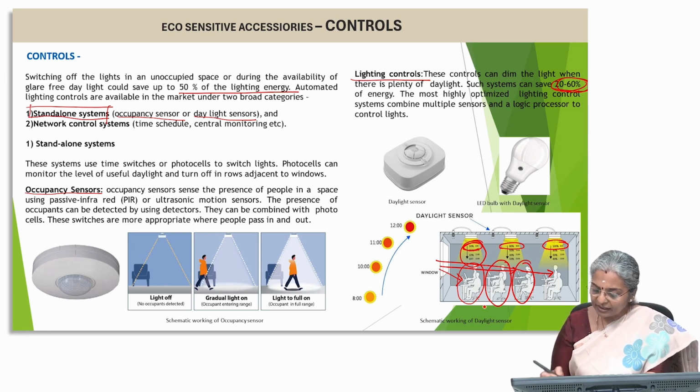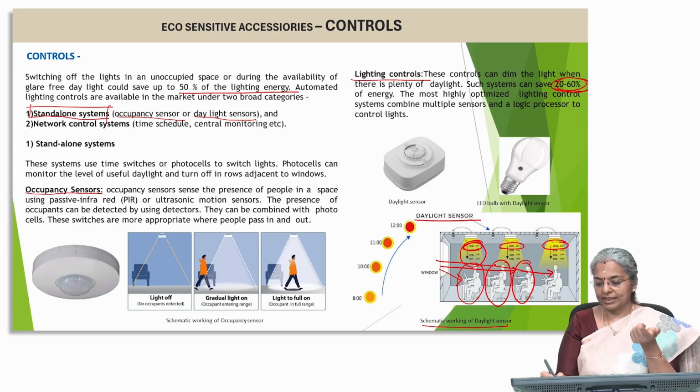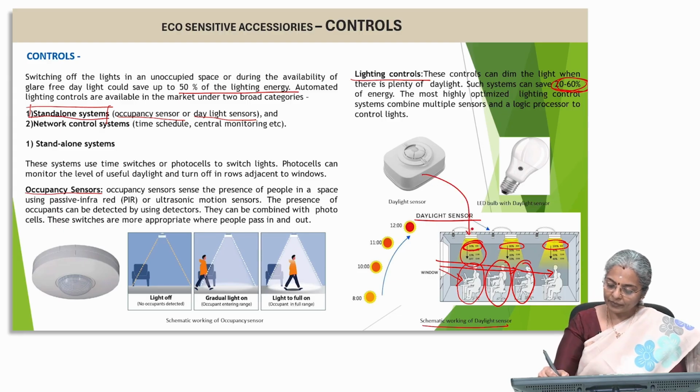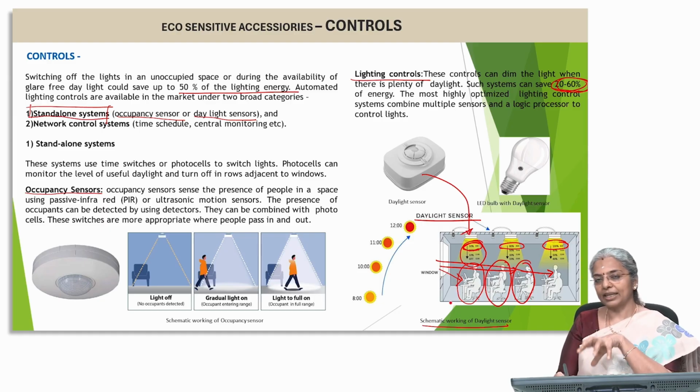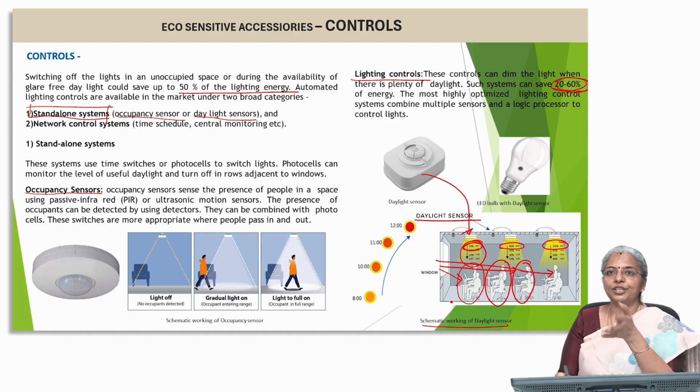So, the daylight sensor will sense how much light is required, and based on that, the output of the light is scaled up.